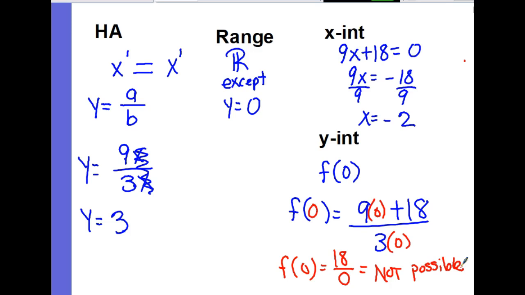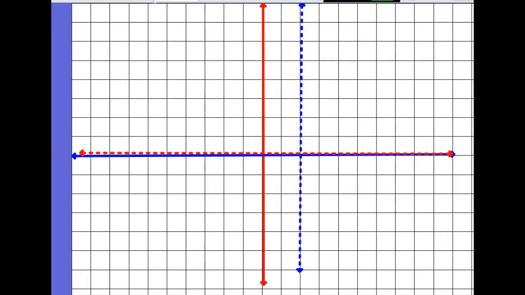Then you take all of this stuff that you just figured out and you put it on the graph. So the graph says that I have a vertical asymptote at x equals 0. Vertical is going up and down this way. Please use a red pencil for your asymptotes so that I can see them.